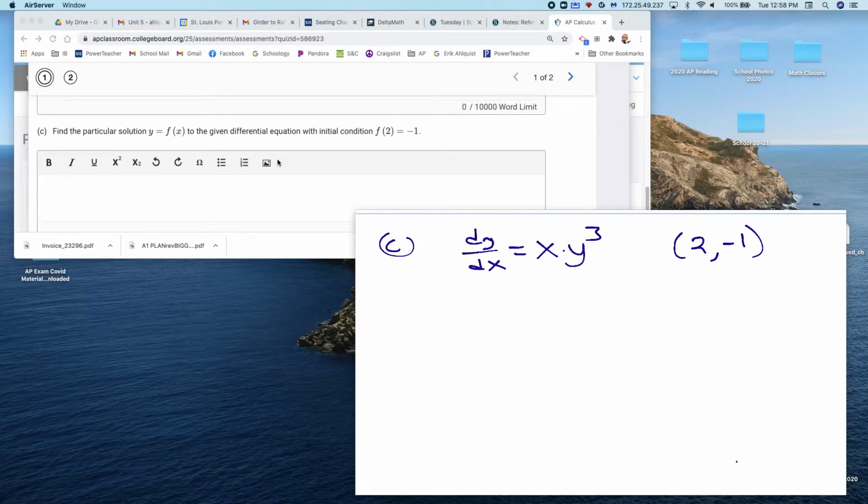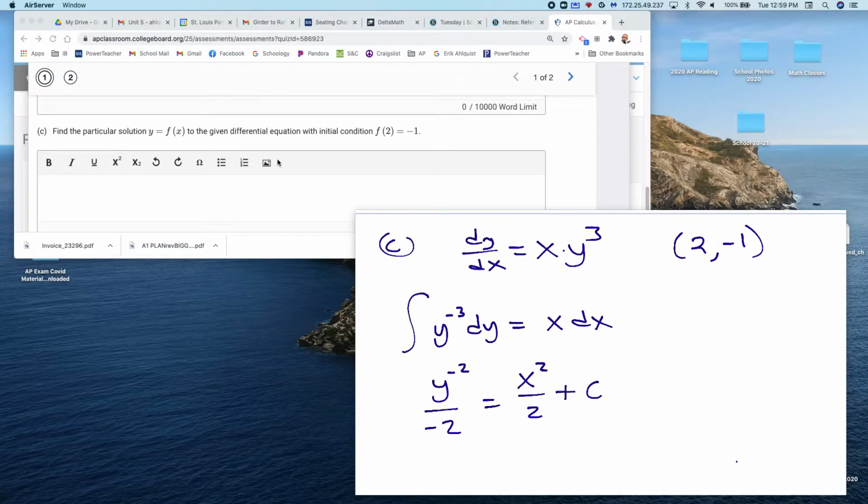So the first thing we're going to do is separate the variables. I'm going to make it y to the -3 dy is equal to x dx. We're going to integrate both sides. Y to the -2 divided by -2 is equal to x squared divided by 2 plus c.